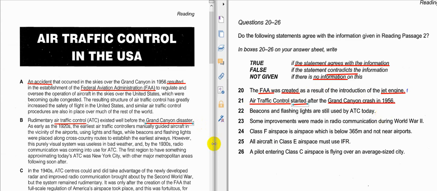Instead, here we have the word existed. So ATC is already there way before the disaster, which means, again, similar to the first question, it's a direct contradiction because there are two explicit keywords that we highlight in that sentence, but one of them is changed.